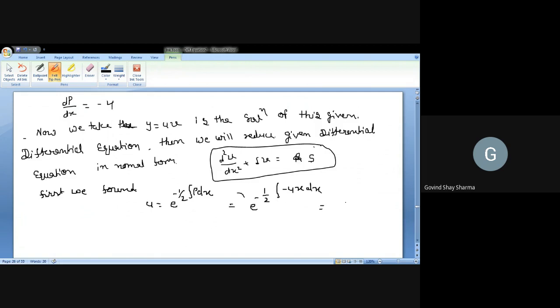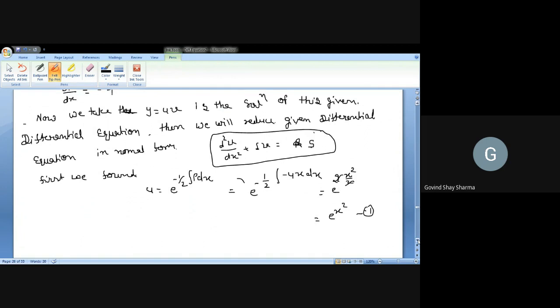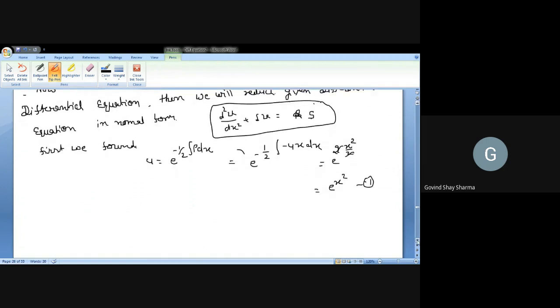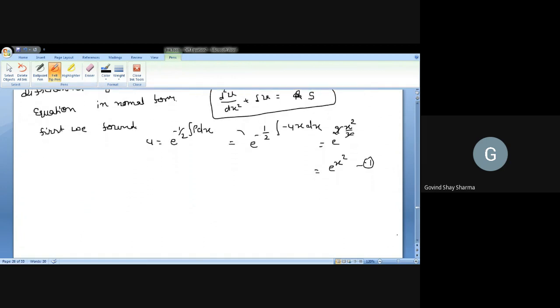So this becomes e to power plus 2 x square by 2, that is, e to power x square. This is our value of u.